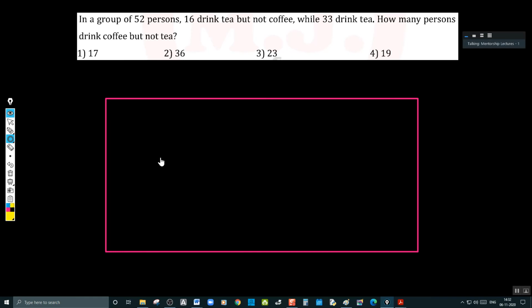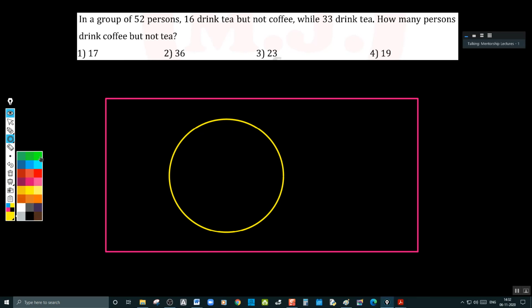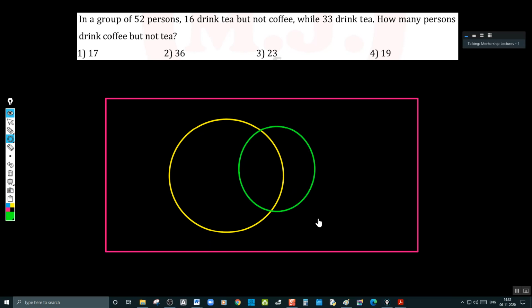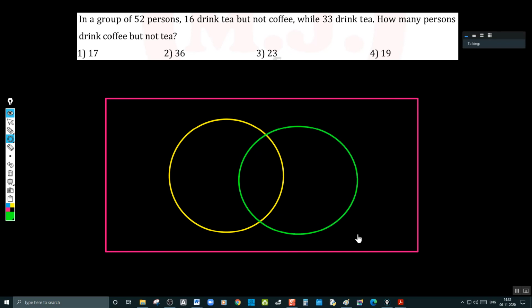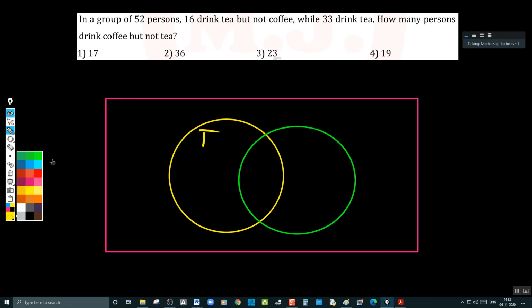Let me show you, tea with yellow color and coffee with green color, according to the problem.